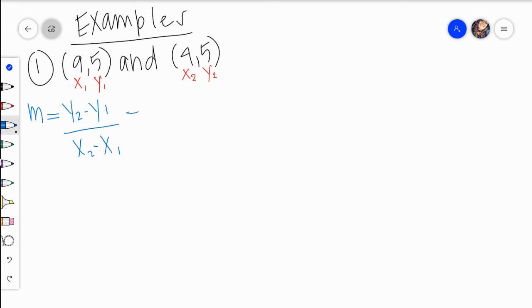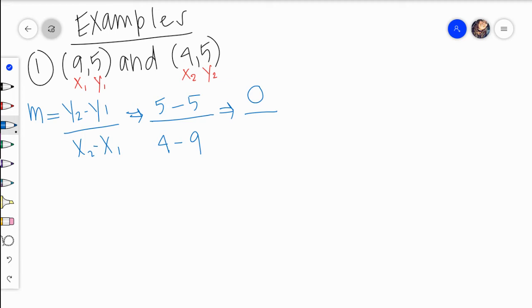And so if I do that, what I get for my y sub 2 is 5, and then minus y sub 1, which is 5, over x sub 2 is 4, minus 9, and then if you do the top, those are inverses, you get 0.